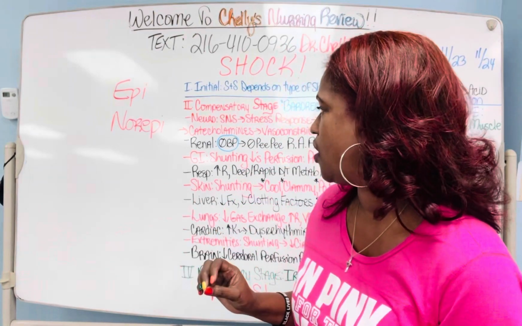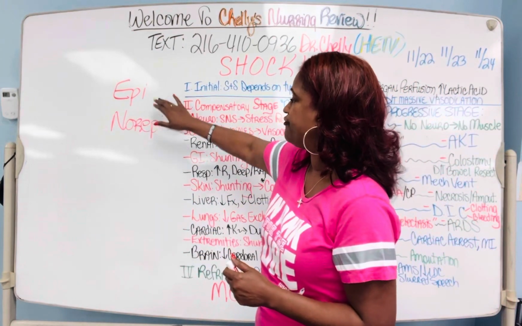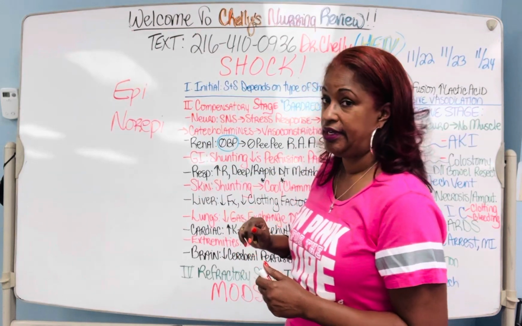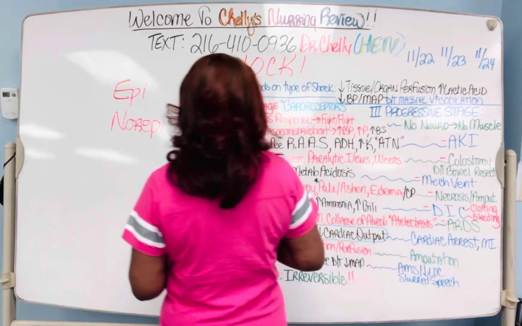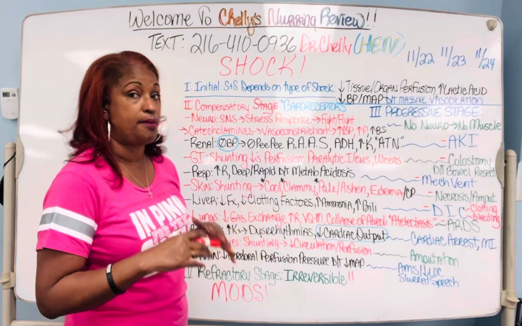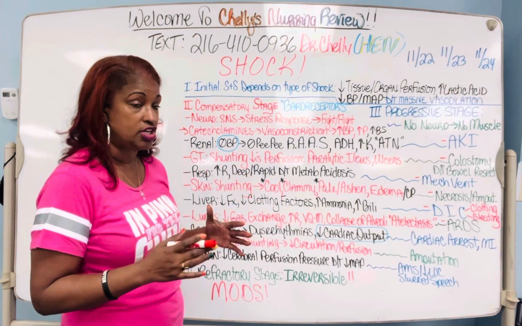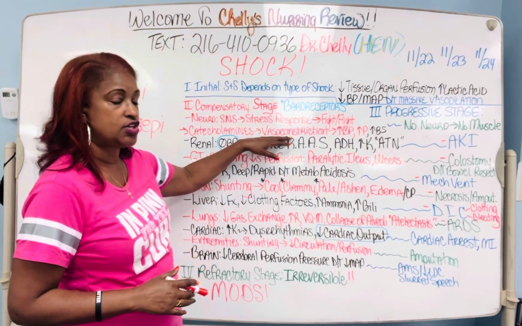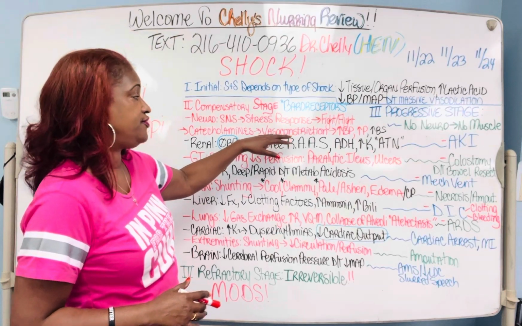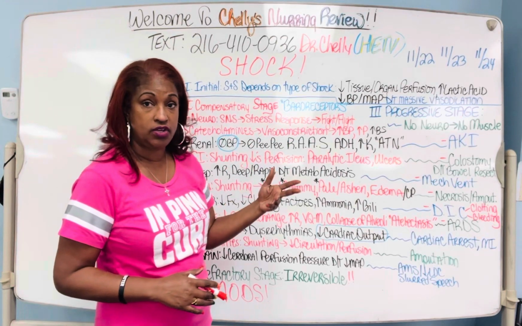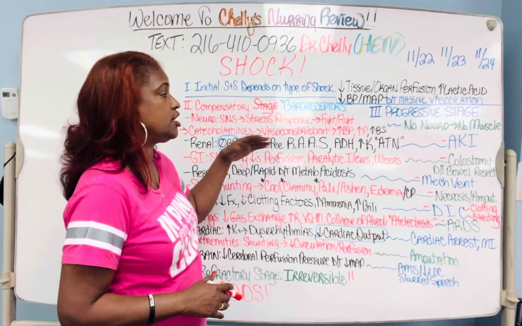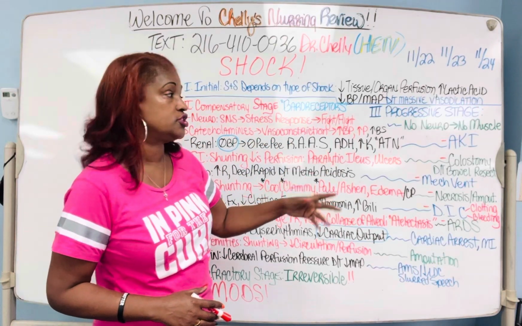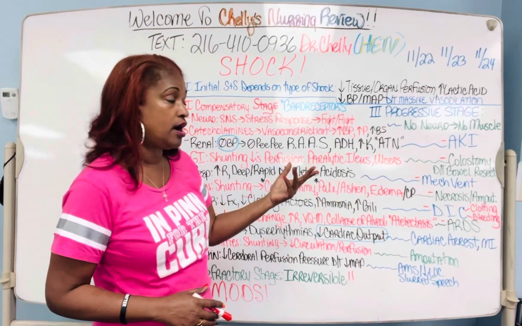When these catecholamines are released, they try to fix the problem of the massive vasodilation by causing vasoconstriction. If you think about what I said earlier, vasoconstriction will increase the blood pressure and increase the pulse.